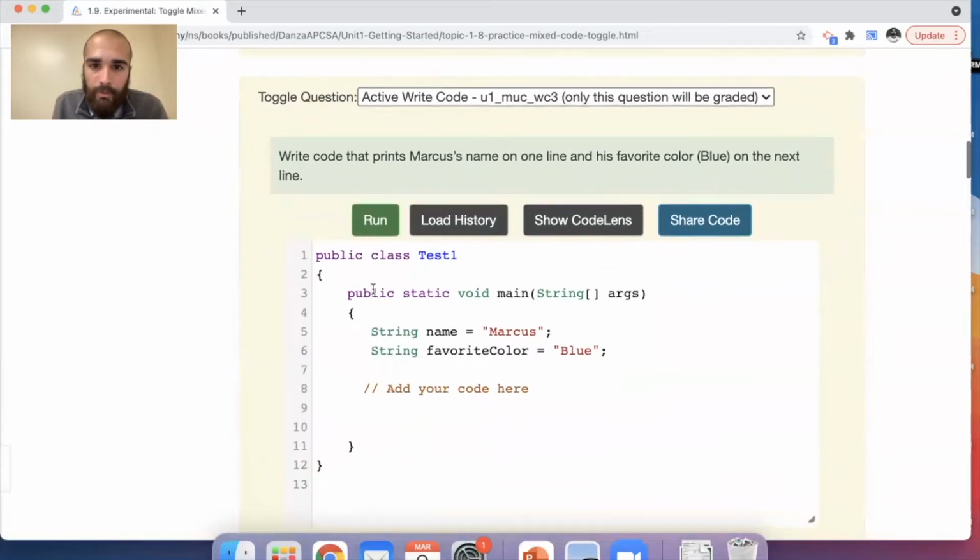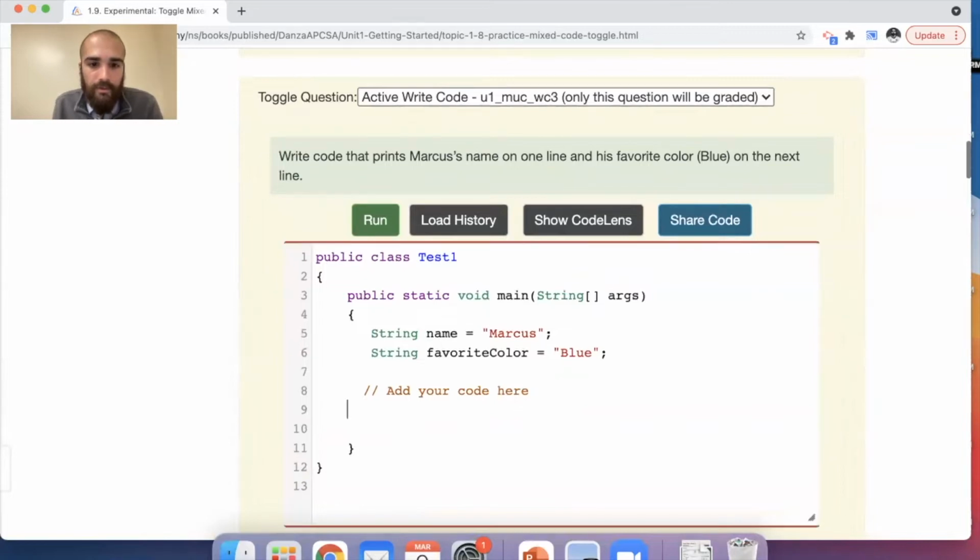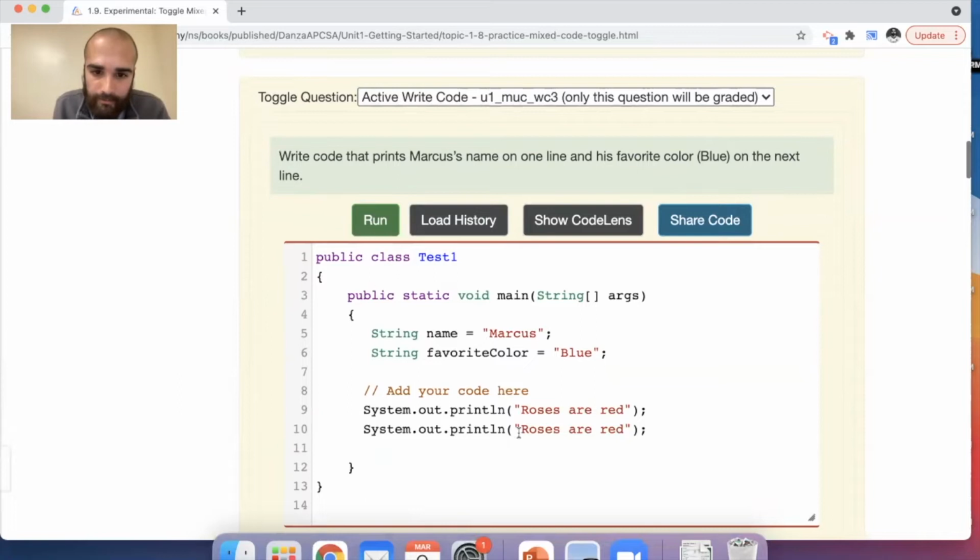Write code that prints Marx's name on one line and his favorite color on the next. For this, I don't have to even type anything. I'm just going to paste these two from my last example.